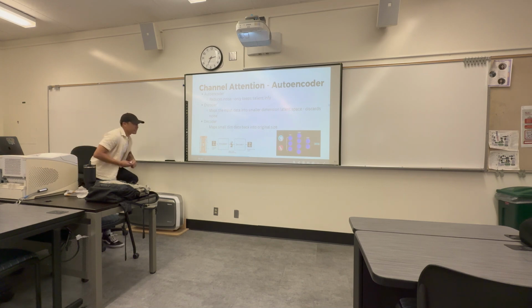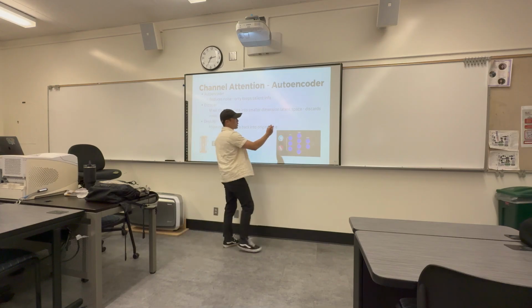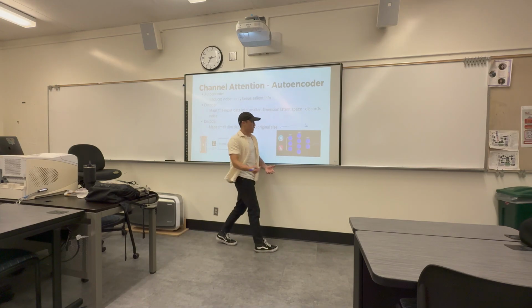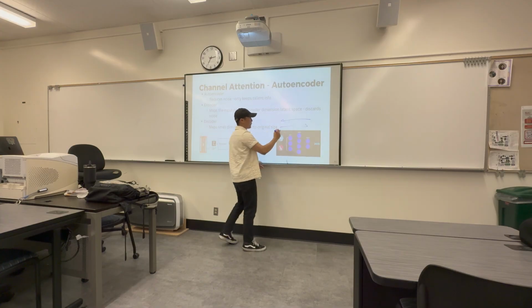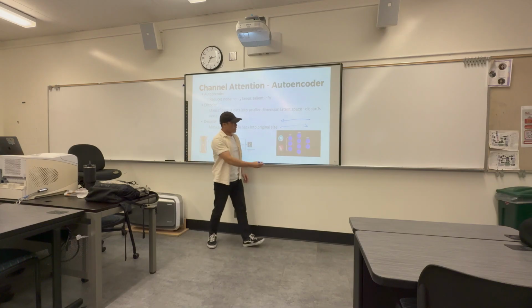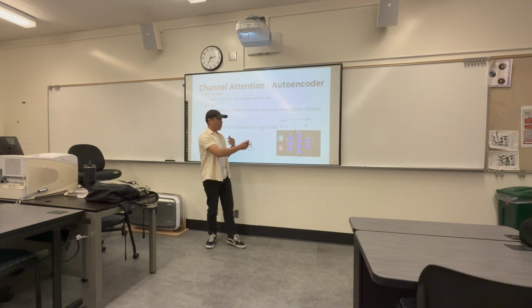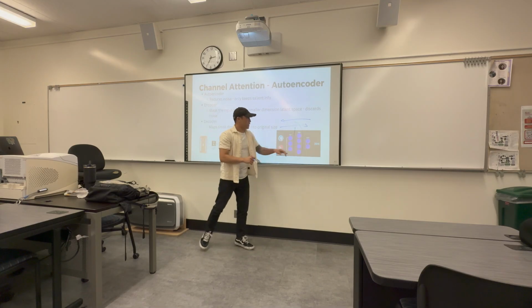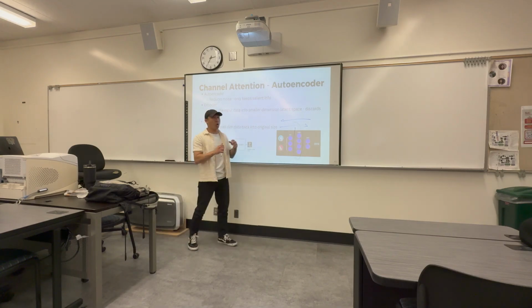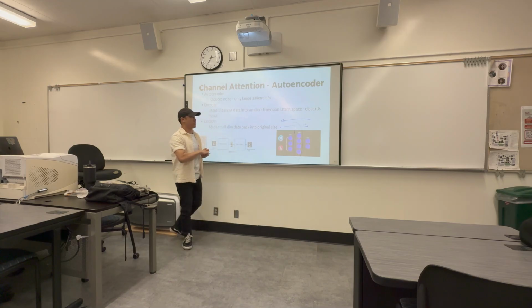What's happening is that data is flowing this way in a regular forward pass, and then through back propagation, data is being flown backwards. So this layer is receiving so much information backwards and forward, and because it's a smaller vector, it's containing only the important bits of information.